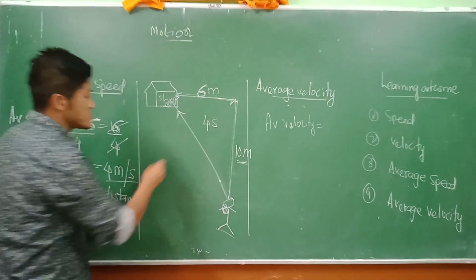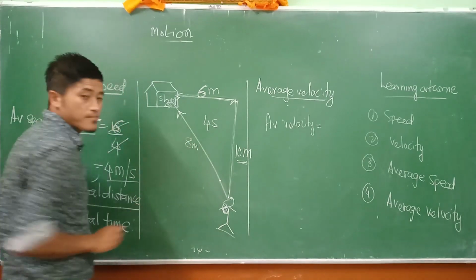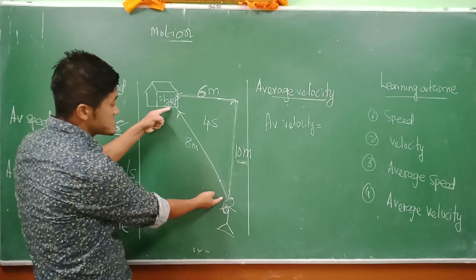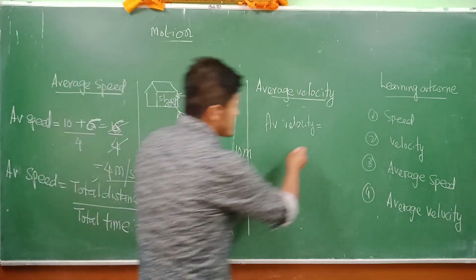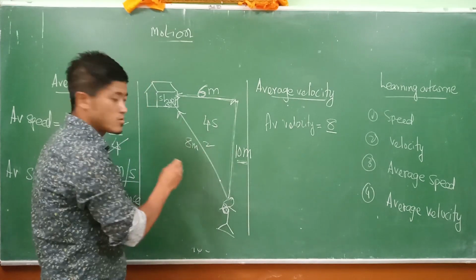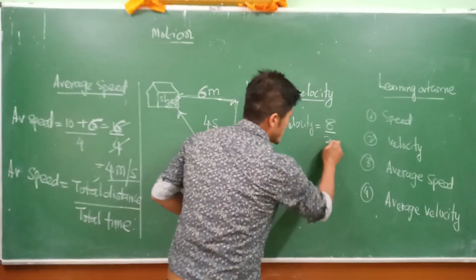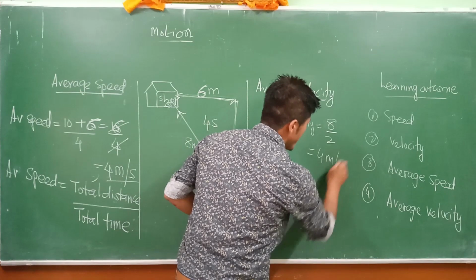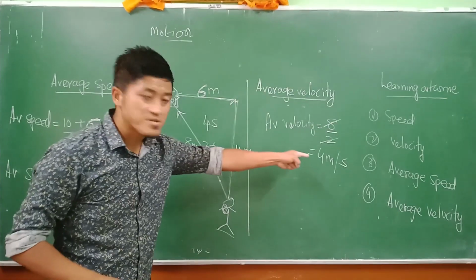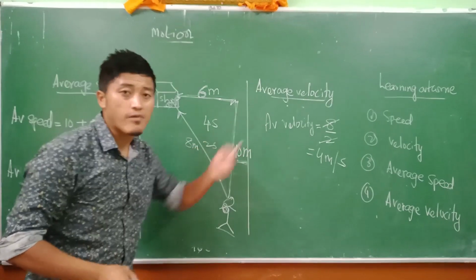Let's suppose, imagine this is 8 meters. Okay, so now what is the displacement over here? That is 8 meters, right? Displacement is 8 meters in a time interval of, let's say, 2 seconds. 2 4s are 8, that is 4 meters per second. So now what is average velocity?